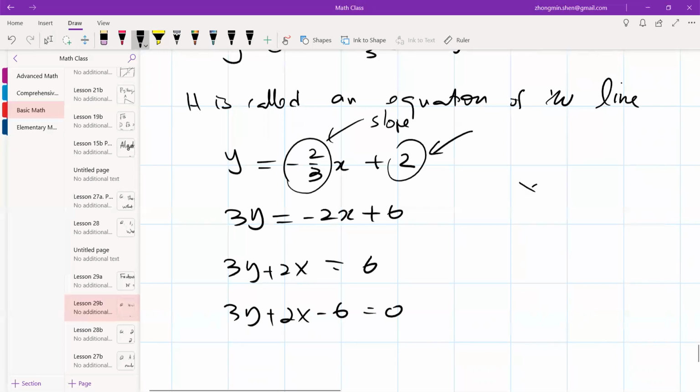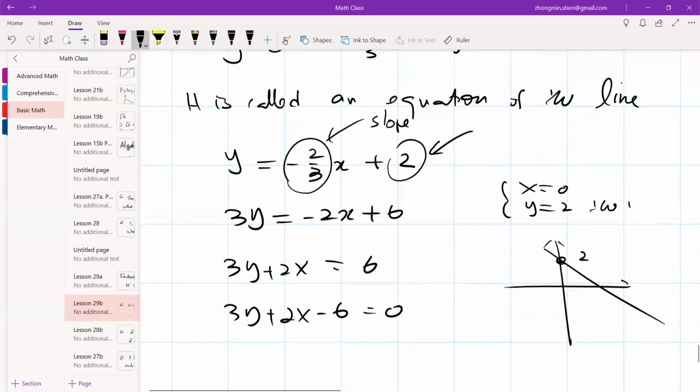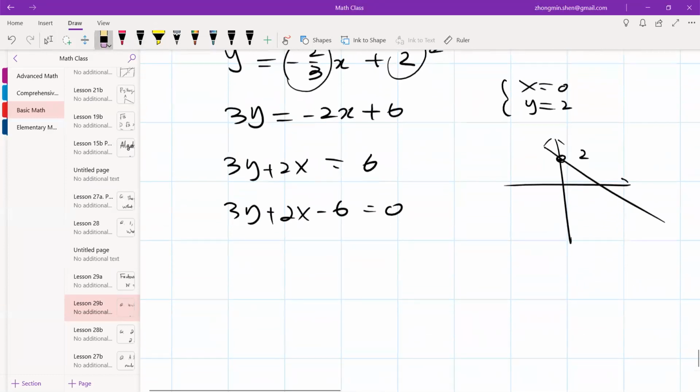This means when x equals 0, y equals 2. So this is the y-intercept.